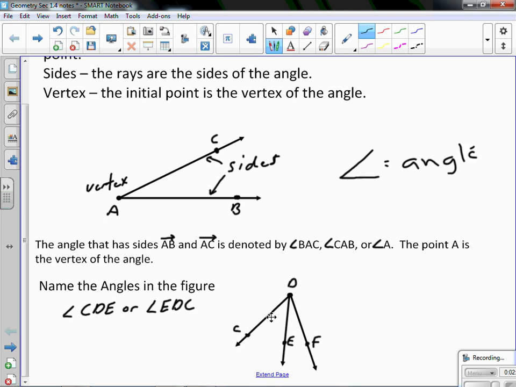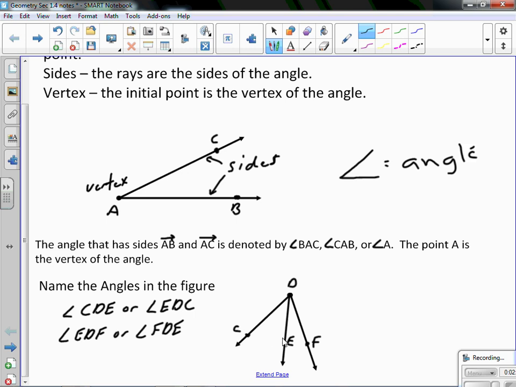So angle CDE or EDC is this angle right here. And then we've got an angle right beside it, angle EDF. Or we can actually go in reverse and say angle FDE.